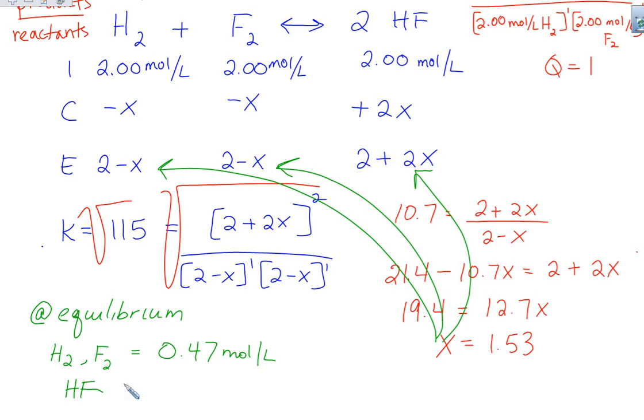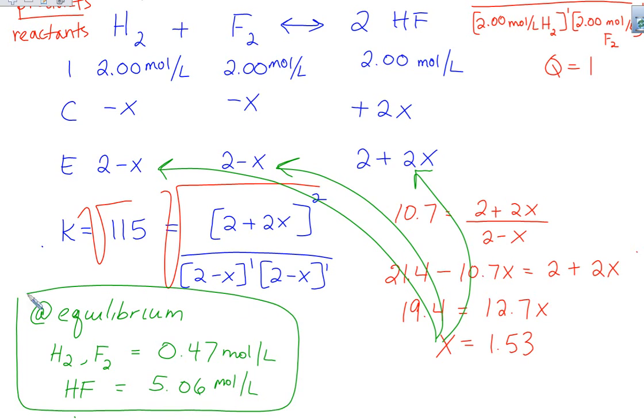Whoa, that's a funky looking F. Hydrogen fluoride, 2 plus 2 times x, 5.06 moles per liter. There she is. Not bad, right? I like this example. It's a good example of just little twists and things to keep your eyes open for that now you will never get wrong.